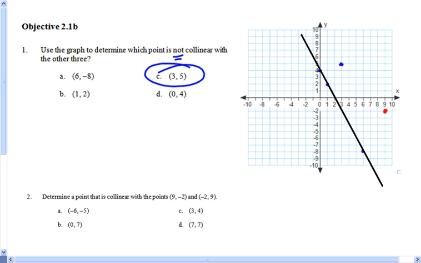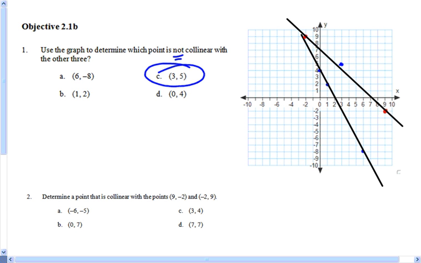So that's right there, (9, -2), and (-2, 9) is right there. And I'm going to draw a line that'll help me determine which of the other points are on that line and which ones aren't. So between those two red dots, draw a line. And you should use a straight edge when you're doing this.